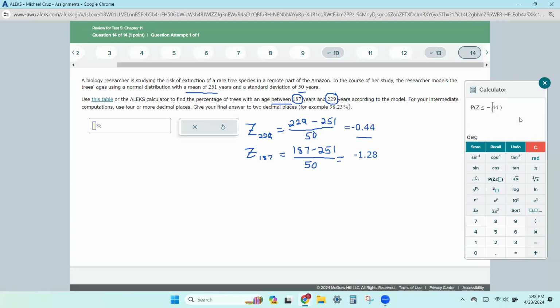I don't want that 0, because that's going to be something completely different if we did that. And then we're going to subtract the smaller one. Okay, can you see what I got there?